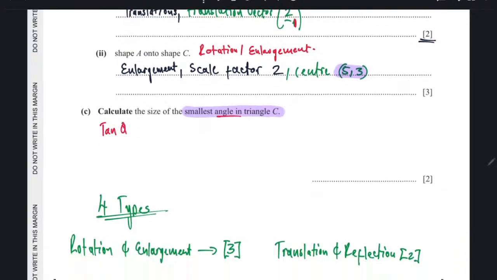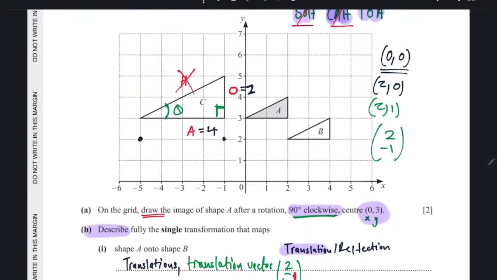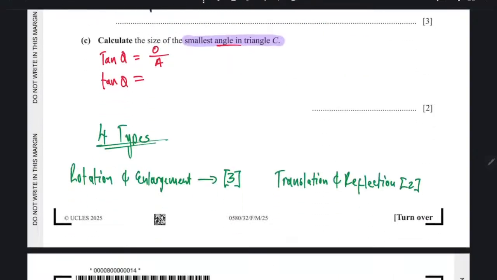Tan theta is equal to opposite over adjacent, which is going to be equal to... What's the theta? We don't know. Opposite is 2 over the other side, adjacent 4. So it's 2 over 4, and you can now say this will be half.